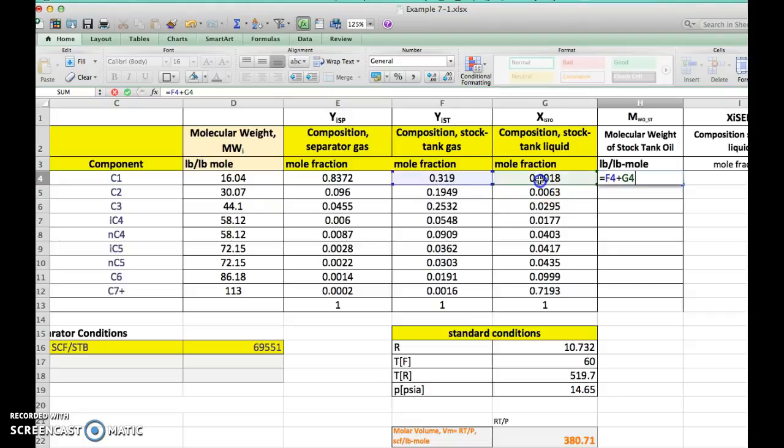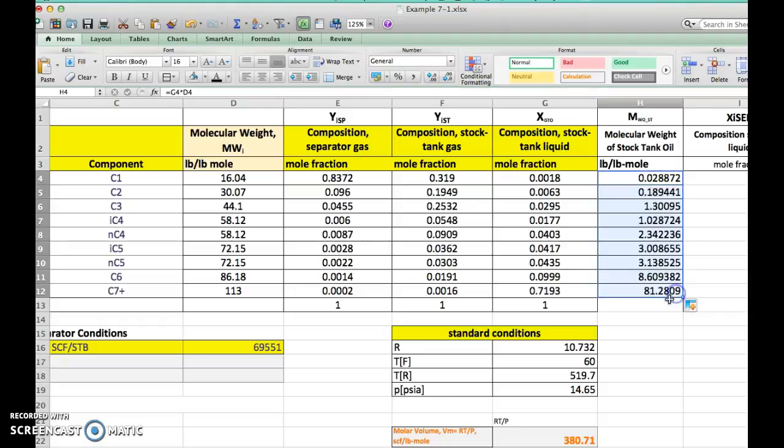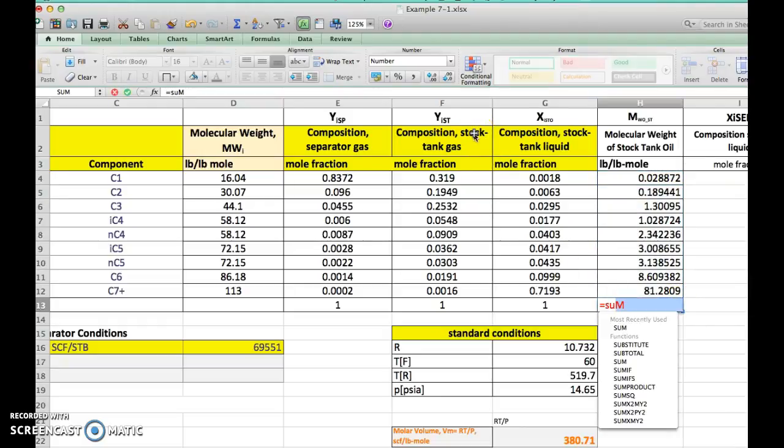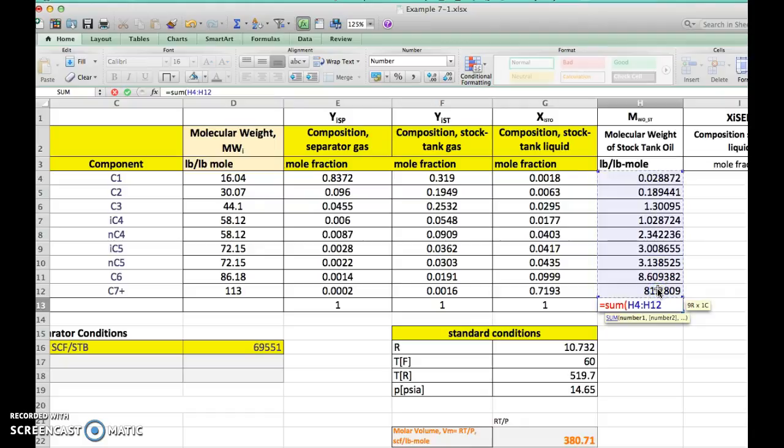This is the composition of liquid multiplied by the molecular weight for each component, and drag it down. What I'm interested in is the summation of these. So I use the summation function, and this gives me 100.93 pound per pound mole for this mixture.